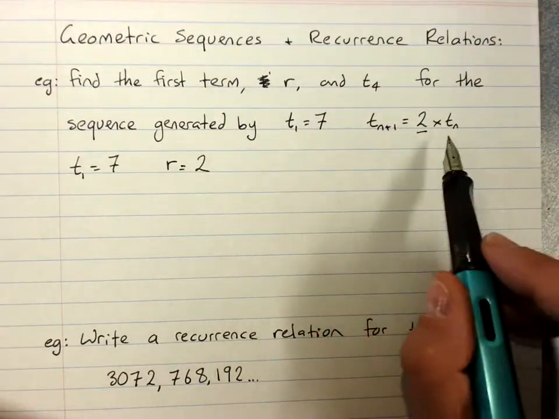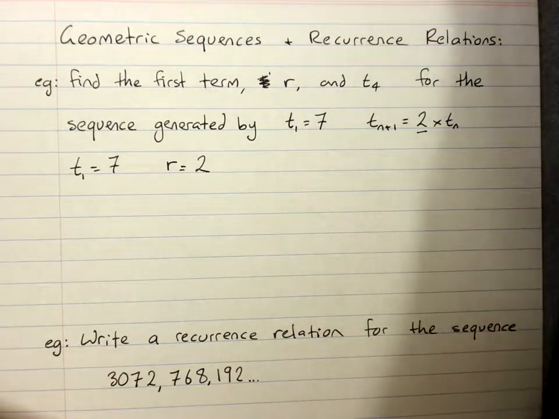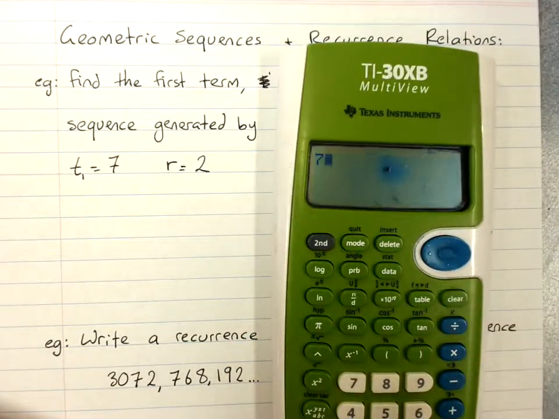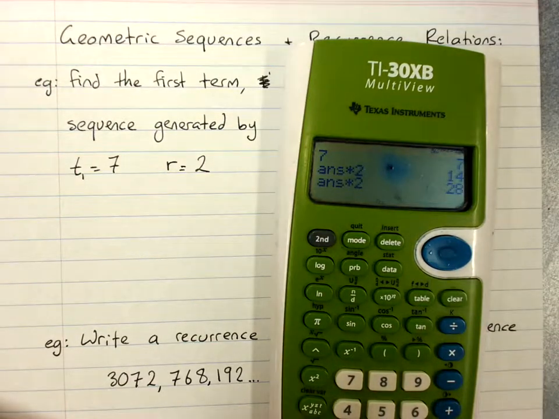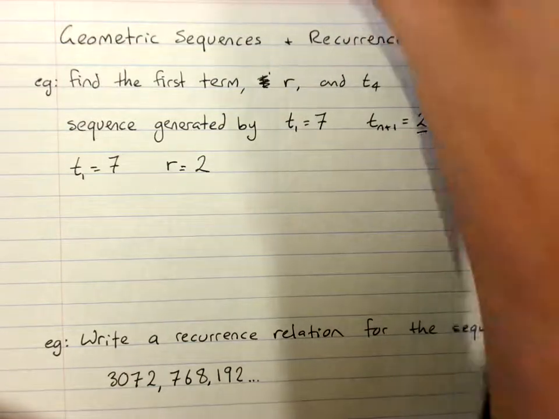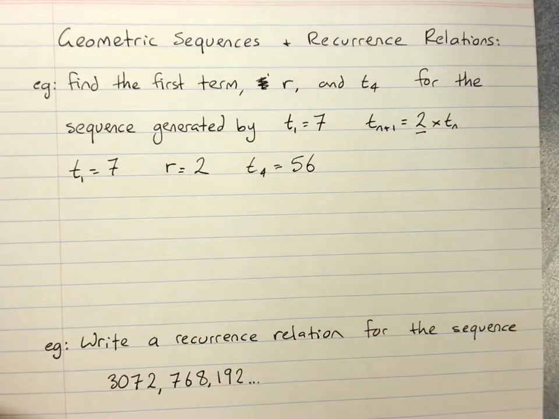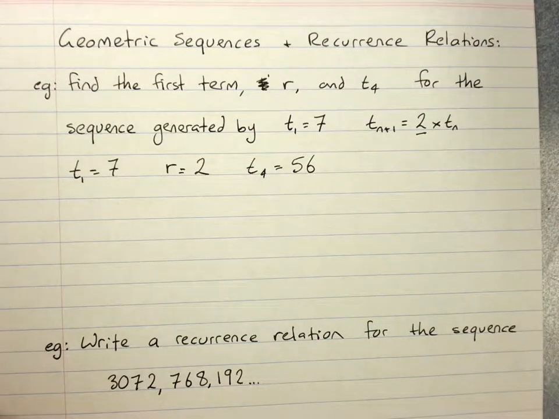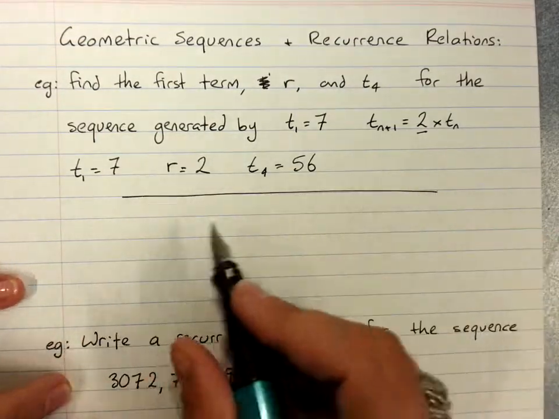And for term 4, you just generate that recursively. I don't have a graphics calculator, someone's borrowed mine. 7 times 2 times 2 times 2, we've got to term 4, T4 equals 56. Now at this point, I realize that what I haven't told you is the form of a geometric sequence, which would have been really helpful here.